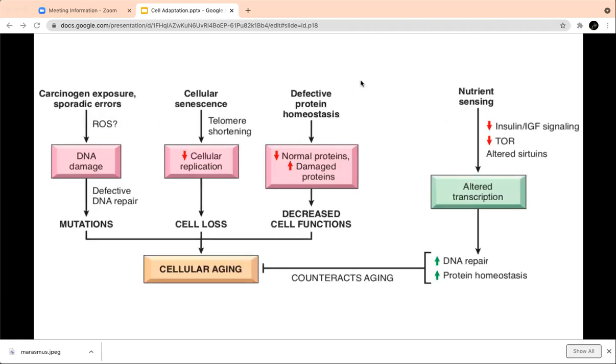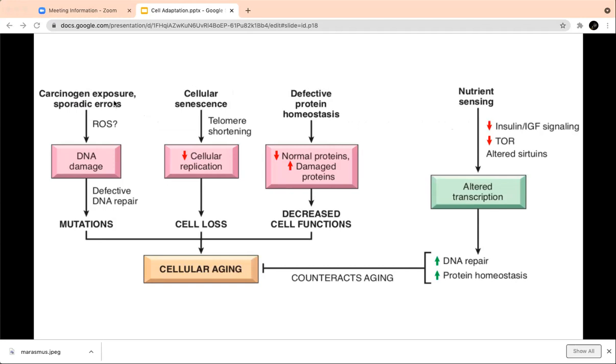All right, so this is our diagram on cellular aging. So remember now, pwede siyang multifactorial, or outside the body, exogenous kumbaga.